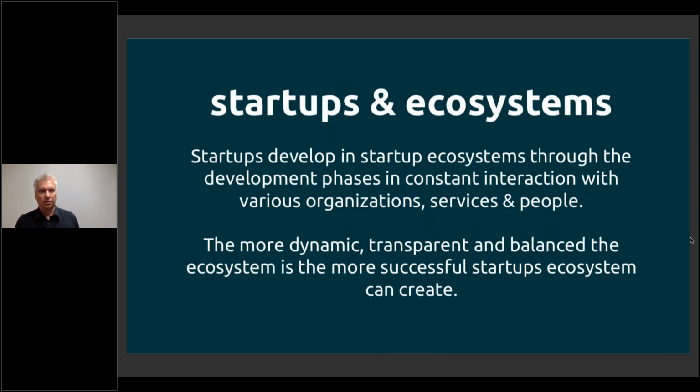When we look at the interaction between the startups and ecosystems, startups develop in startup ecosystems through the development phases in constant interaction with various organizations, services, and people. And the more dynamic, transparent, and balanced the ecosystem is, the more successful the startups it can create.